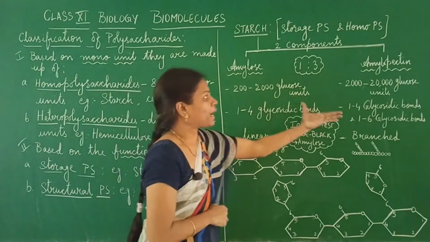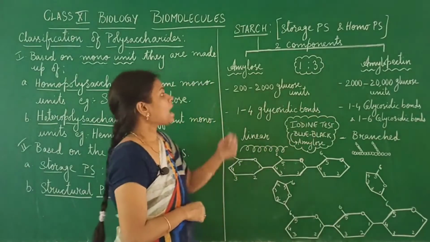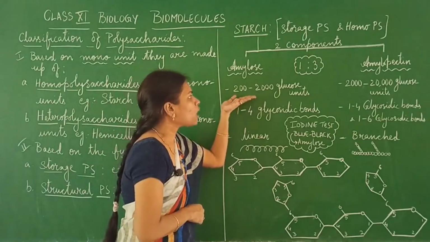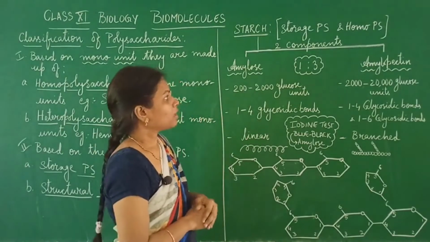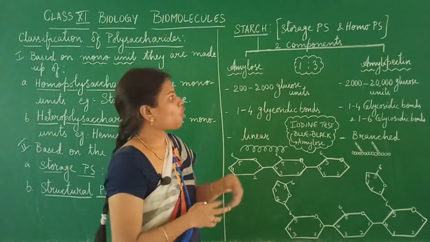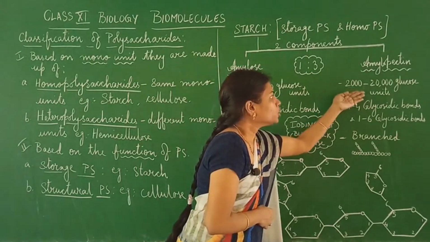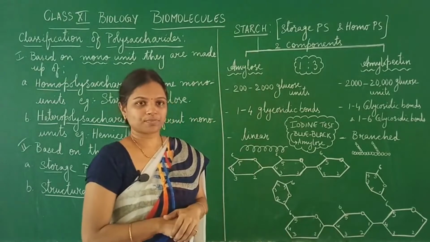Coming to the comparison between amylose and amylopectin. Amylose consists of around 200 to 2000 glucose units, whereas amylopectin is a larger component of the starch which consists of around 2000 to 20,000 glucose units.